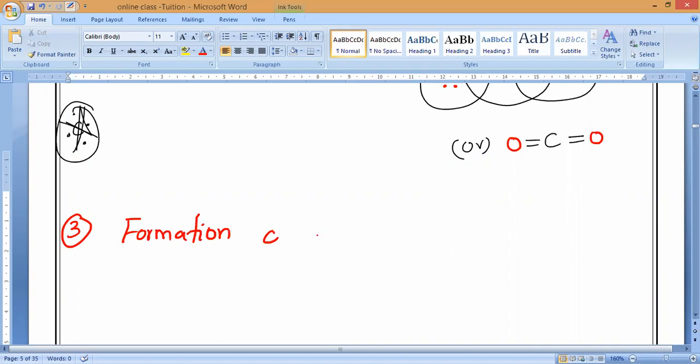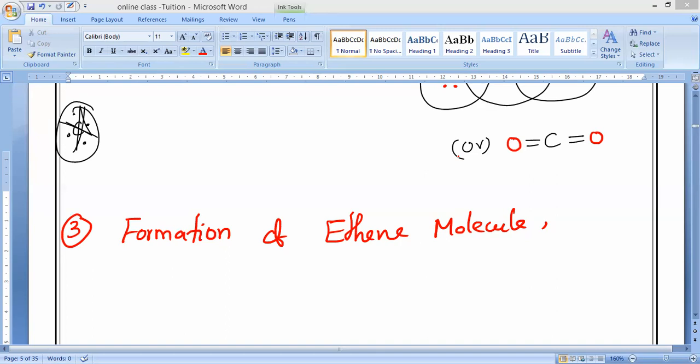So, formation of ethene molecule. Ethene, E-T-H-E-N-E. Can you guess what the ethene molecule is? The second simplest hydrocarbon. Anybody?